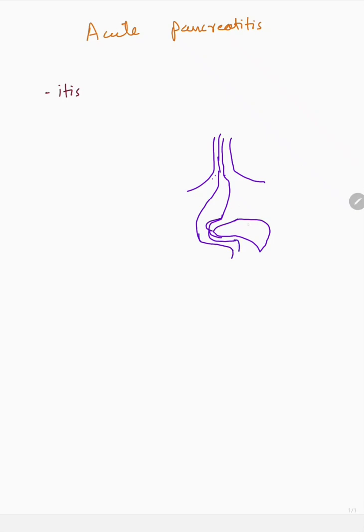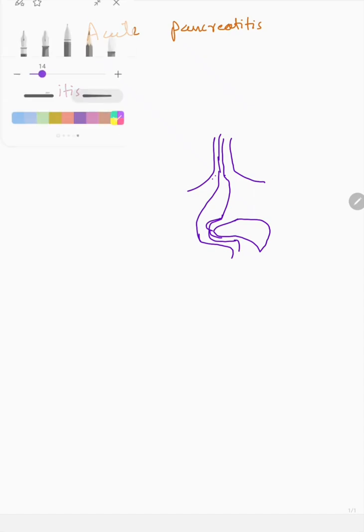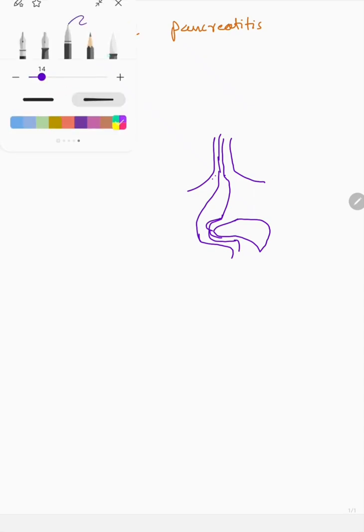So this is in the epigastric region, and that is where you're going to find the pancreas. Another thing we should be aware of is what the autodigestion means, how it eats its own self.